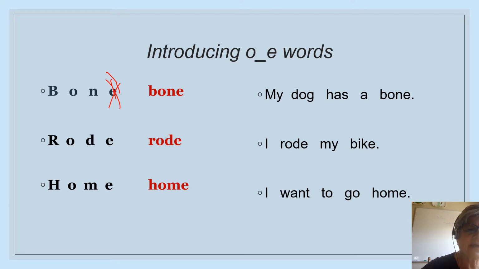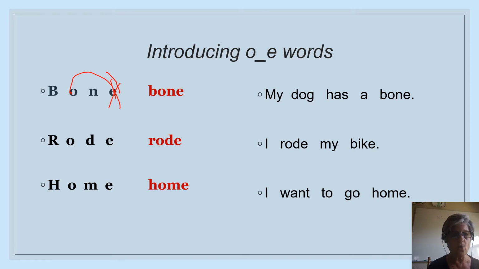E is going to give magic powers to the O. So the O is going to go O. It's going to say its name. So we hear bone. Now, I have the word next to it in red letters. B-O-N-E. Bone.